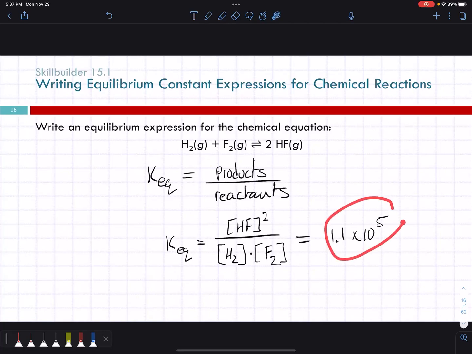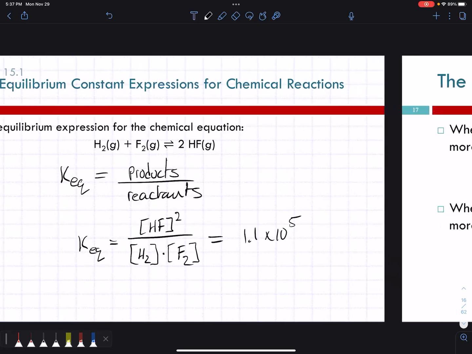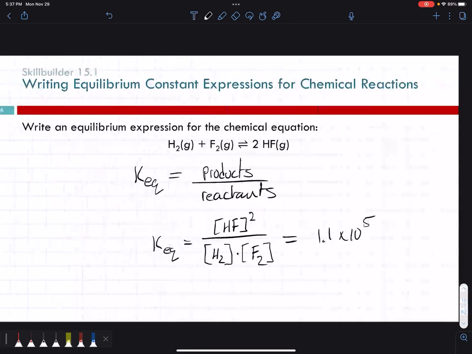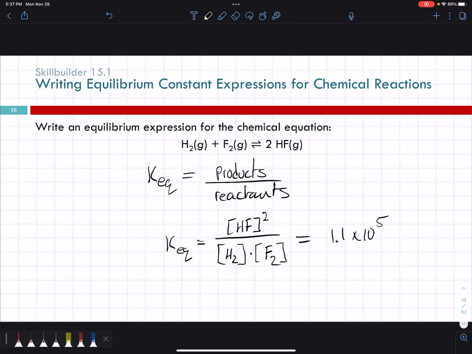Because this is a big number, this is saying there's a lot more of the product than there is of the reactants. But you could flip this, and then it would be for the reaction written the other way. Are there any other questions? Good? Oh, and I just made this number up.